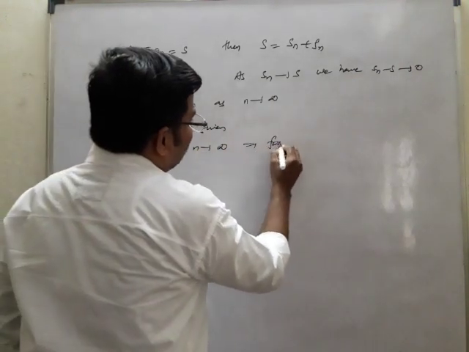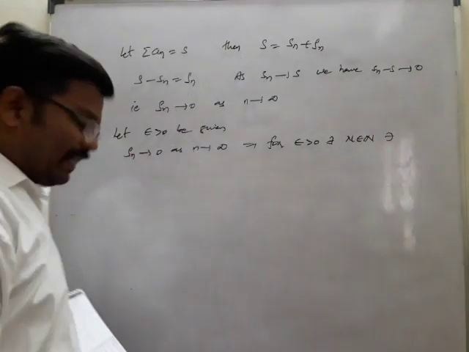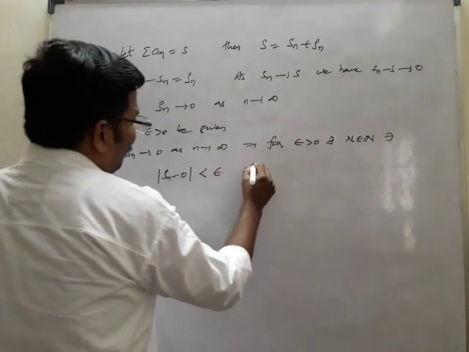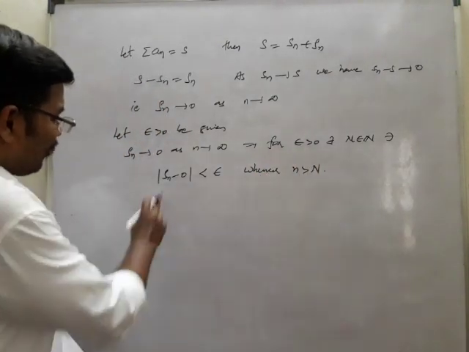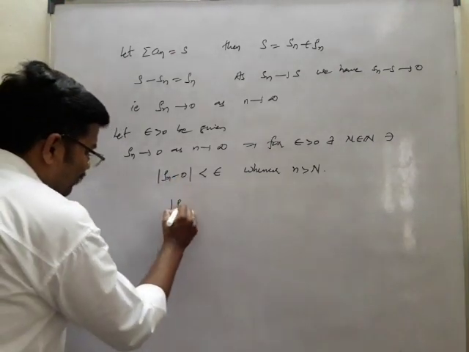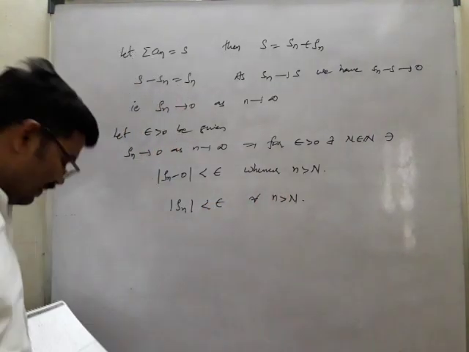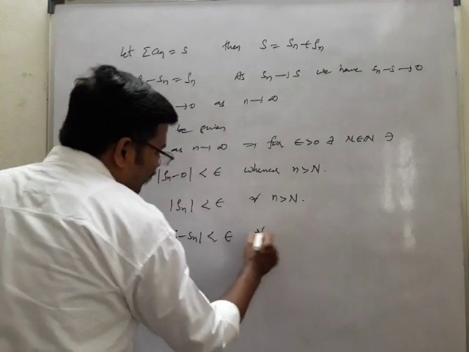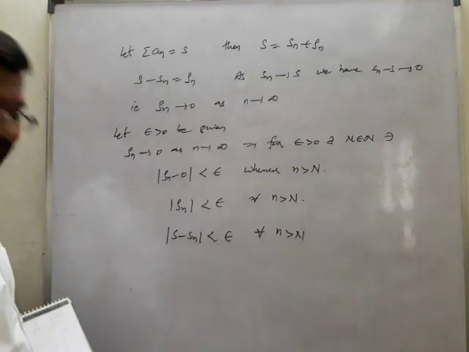The definition: for epsilon greater than 0 there exists N belonging to the natural numbers such that the modulus of rho n minus 0 is less than epsilon whenever n is greater than N. So rho n is less than epsilon for all n greater than N. Now what is rho n? Rho n is S minus Sn, which is less than epsilon for all n greater than N.